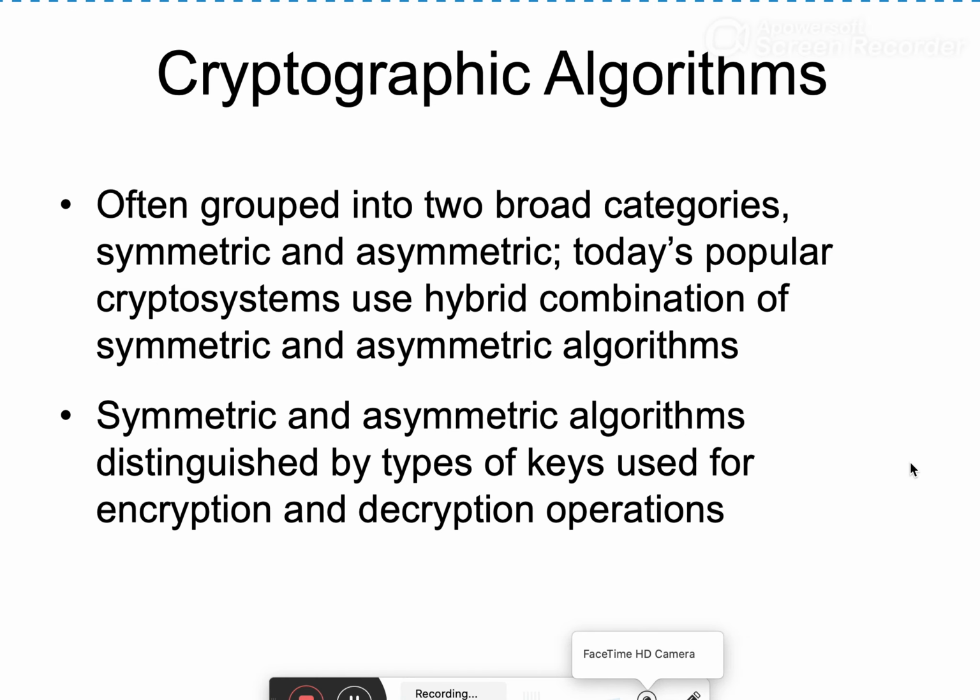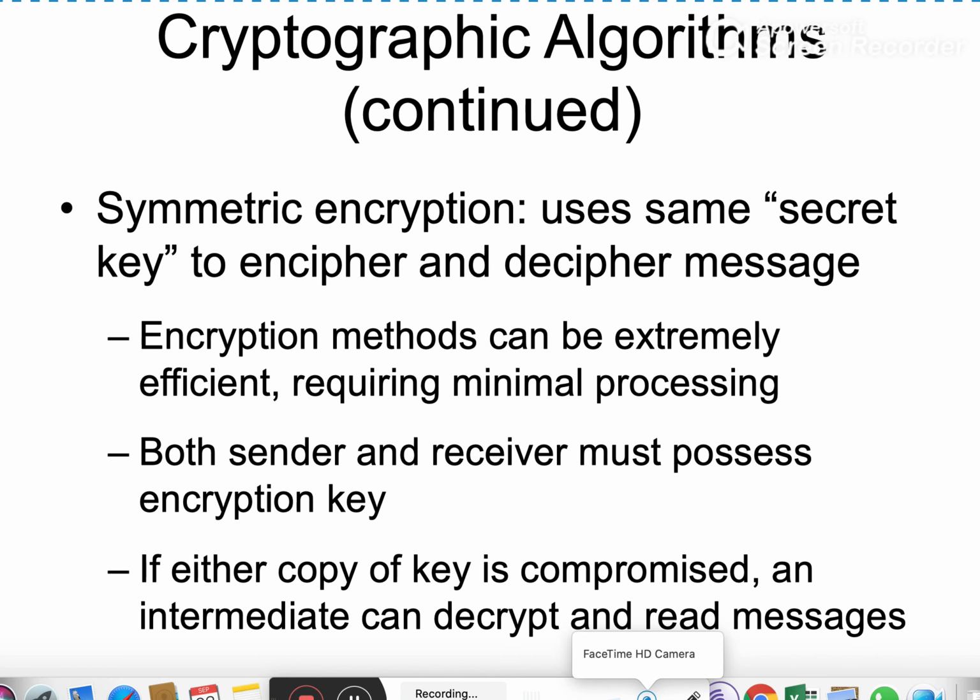You are already familiar with it, that symmetric encryption uses the same secret key to encrypt and decrypt a message. So when the same key is used for encryption as well as decryption, the algorithm is called a symmetric algorithm.